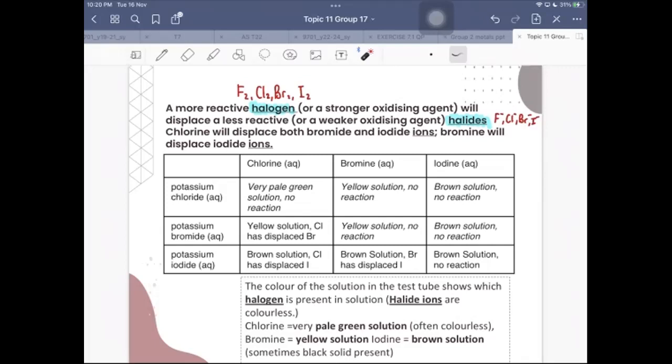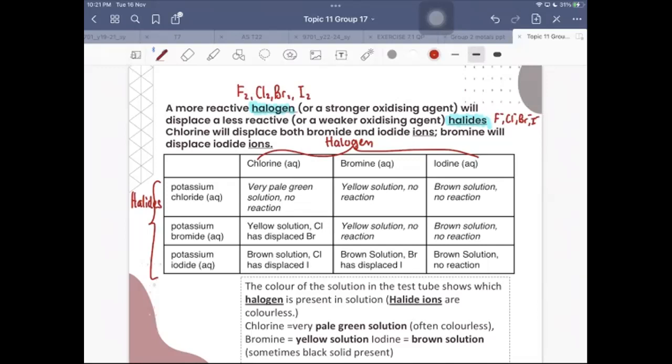So here's an example. On the top heading here is your halogens, and then on the side is your halides. Now your halides need to come in a reagent. So you don't just add chloride ions on their own. It's not stable.